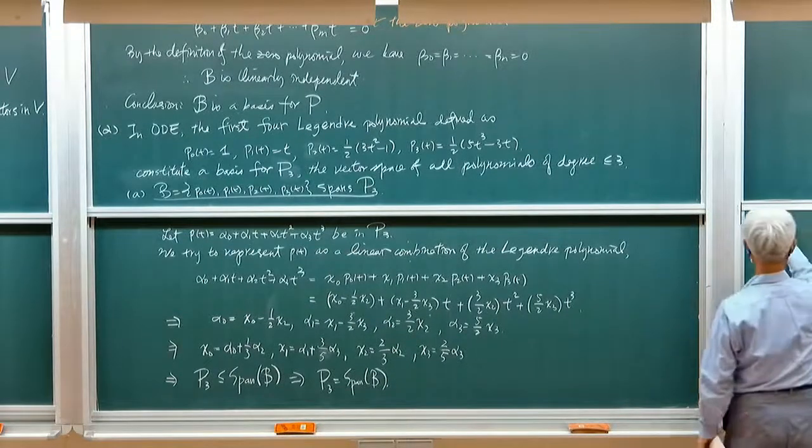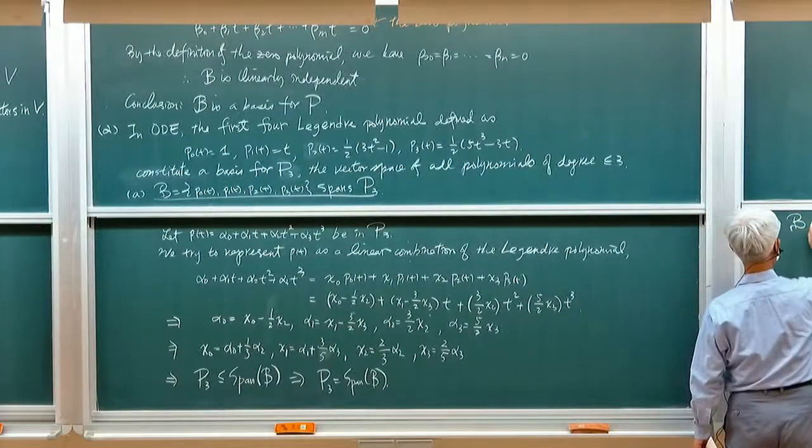Now the second part is that B is linearly independent.